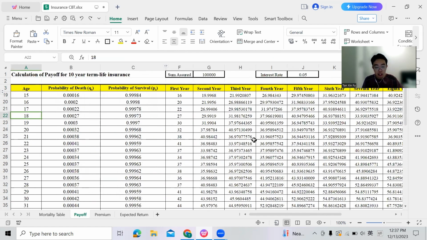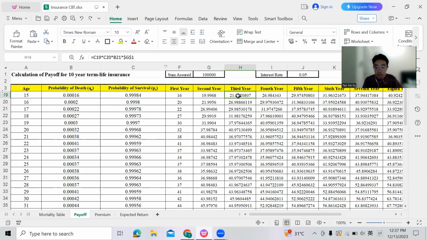So the expected payoff is just a simple calculation. We look at the first year. It is the sum assured times the probability of death if the person dies in the first year after purchasing the policy. If the person dies in the second year, since he or she has survived for 1 year, we need to multiply the sum assured by the first year's probability of survival and the second year's probability of death.